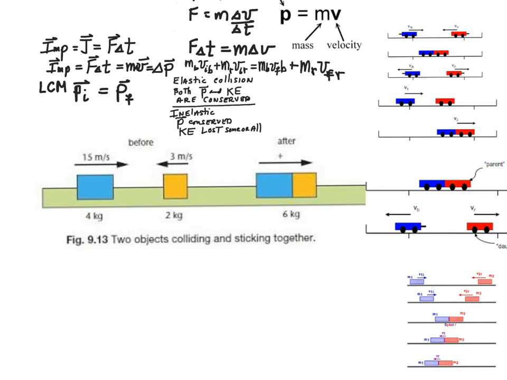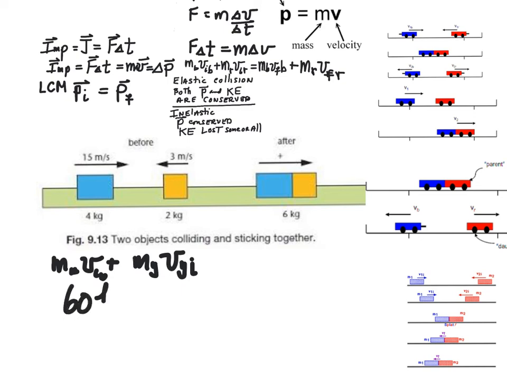So the first cart, right, it's the mass of the blue cart times its initial velocity, plus the mass of the yellow cart times the yellow cart's initial velocity. That's the initial momentum, right? That's the P initial. And so we have, I'm not going to write it all out, 4 kilograms times 15 meters per second.